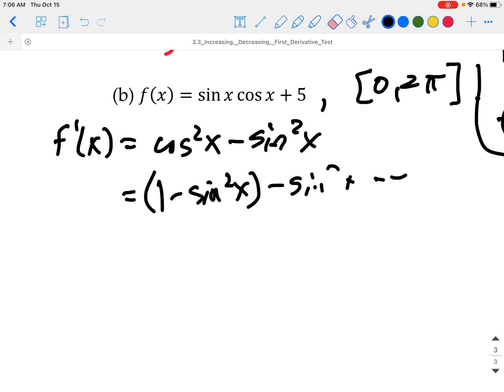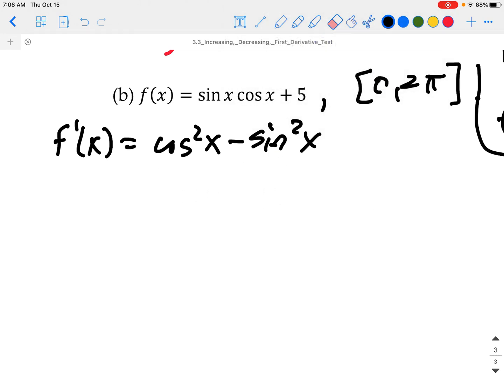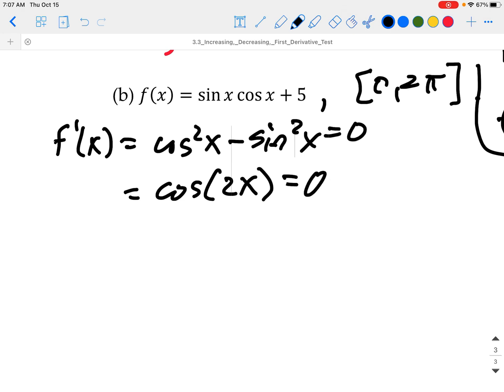You could also, if you recognize it, note that this is also cosine of 2x. And it's a double angle identity. So either way, either using the Pythagorean identity or the double angle identity, I think I'll use the double angle identity instead of the cosine squared. And that's going to equal 0, of course.